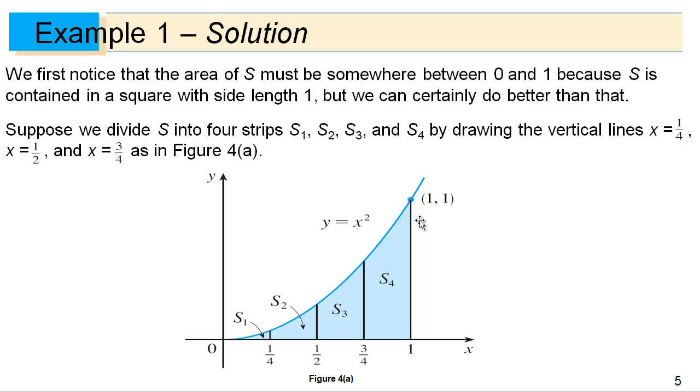Well, we could approximate it by one triangle, and then there's our base, there's our height. So a base of 1, a height of 1, and the area of the triangle would be 1/2 base times height, or 1/2.